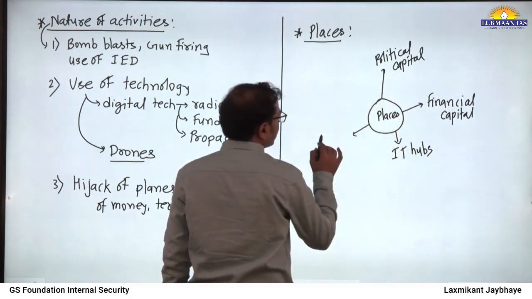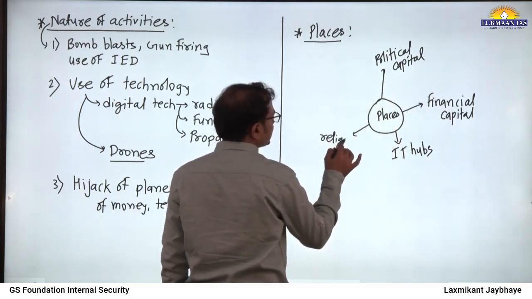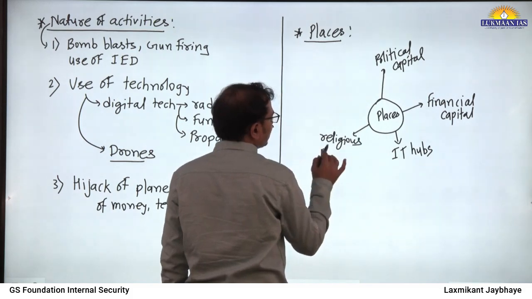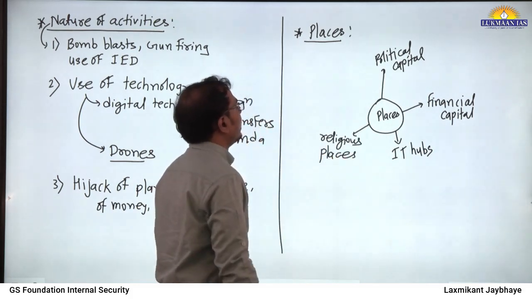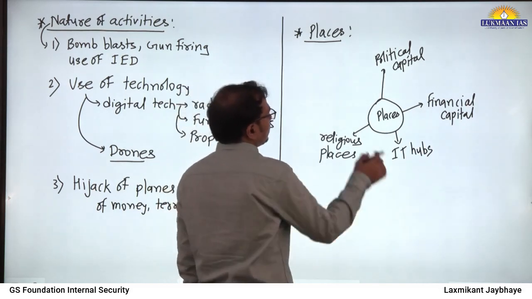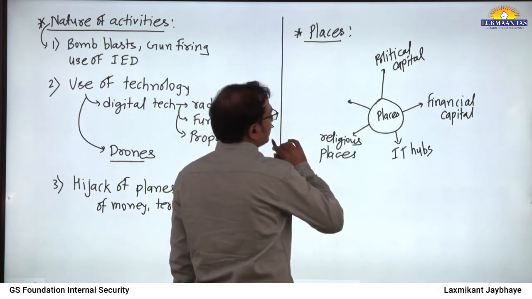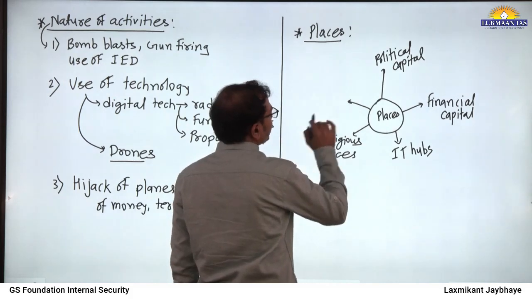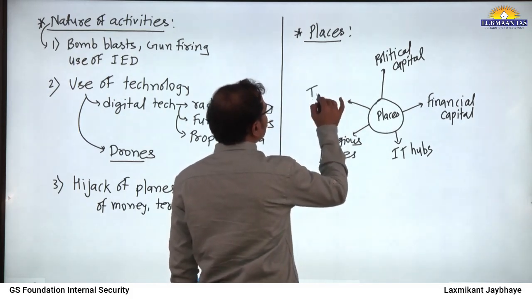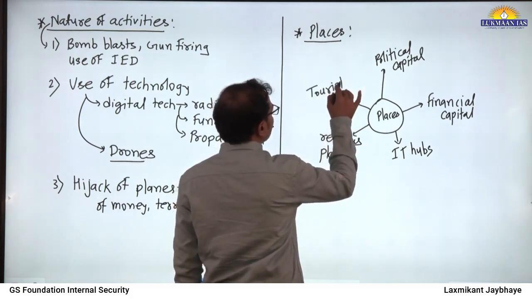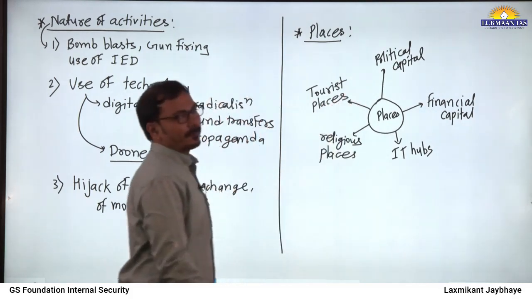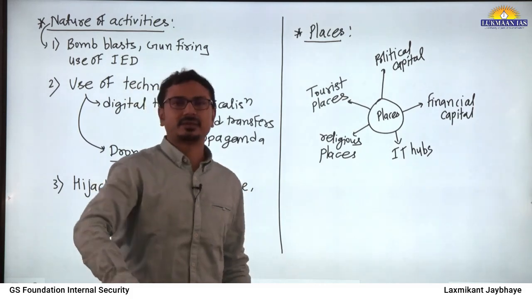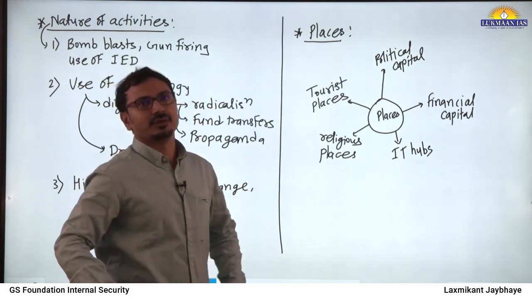Then religious places, Bodh Gaya, Kedarnath, Akshardham. Then tourist places. Basically, these religious places are some of them tourist places also.